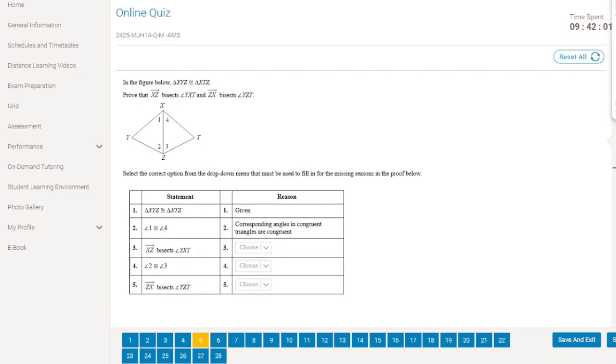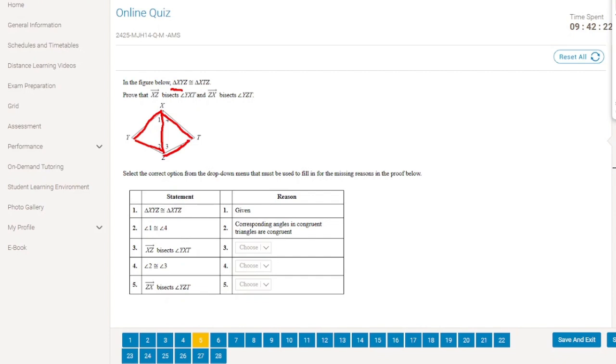Question number 5. In the figure below, triangle XYZ is congruent with triangle XTZ, with this angle XTZ.